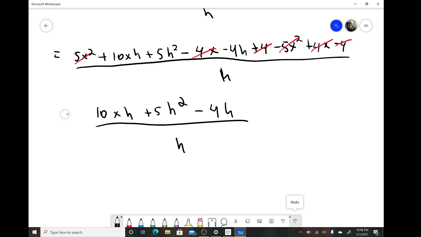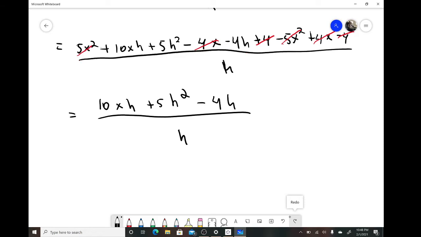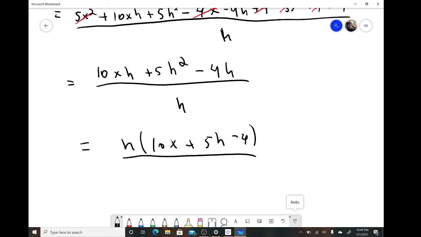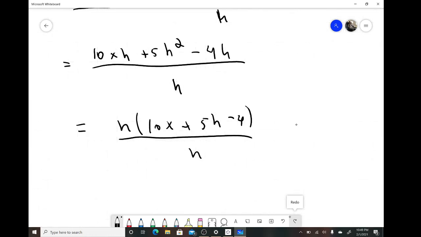Now, something that we can do here is factor. We could factor out an h from the numerator because every term in the numerator has an h in it. So if I factor out h from each term, I'm left with (10x plus 5h minus 4) times h in the numerator, divided by h. And so long as h is not equal to 0, we can cancel the h's. If h is equal to 0, we cannot do this.